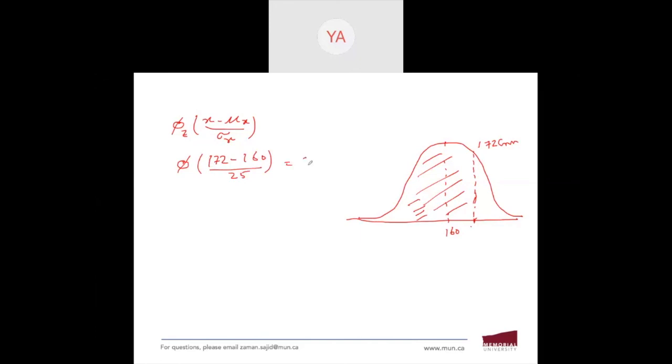When you solve it, you get 0.48. Now this is our z-score. We go to our tables and see what probability or proportion is less than 0.48 standard deviations above the mean, or what is the probability corresponding to the 0.48 z-score.